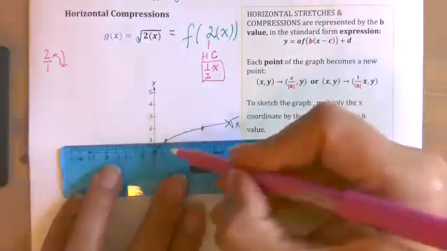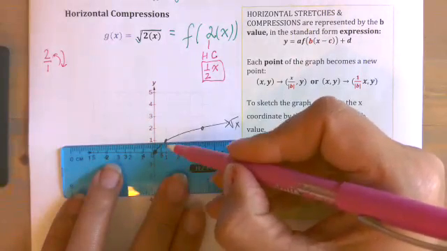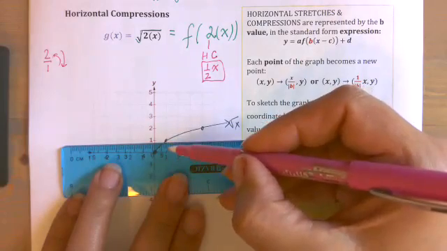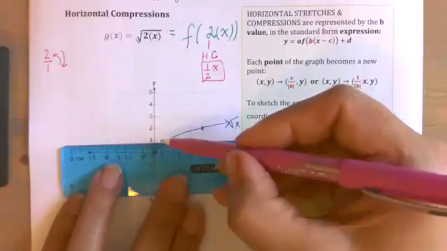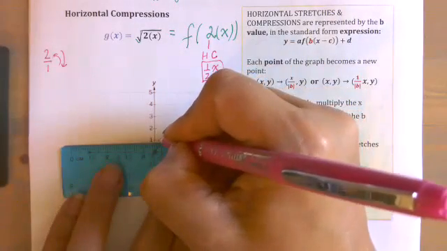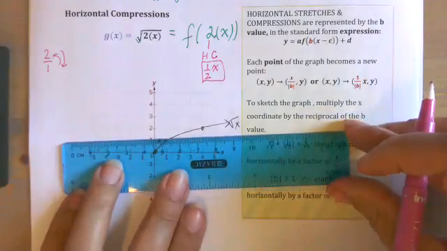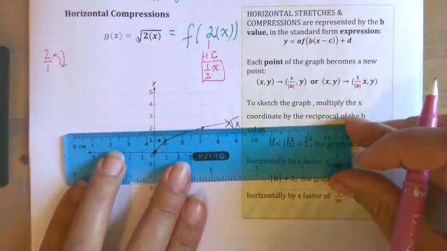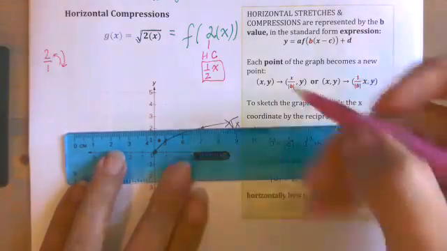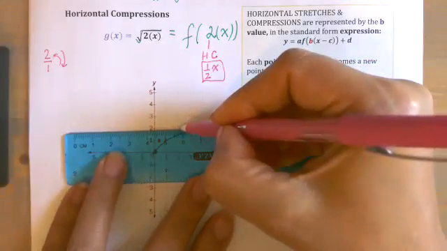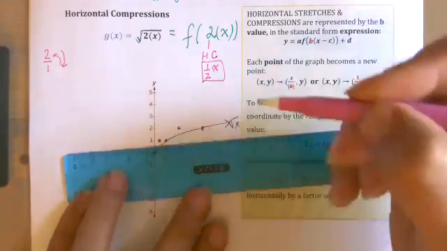The next one, our x coordinates, so make sure you're carefully looking at your x's, not your y's. Okay, so x is this one. We times it by 1/2, we're going to get here. And then we go to our next one. Your y stays the same, your x's will change. x is at 4, times it by 1/2, we're going to be at 2.